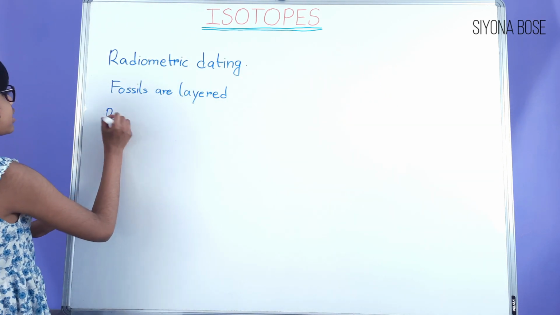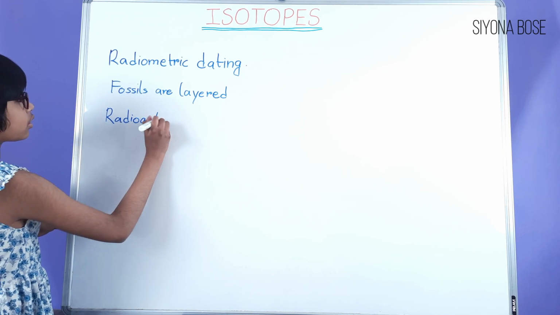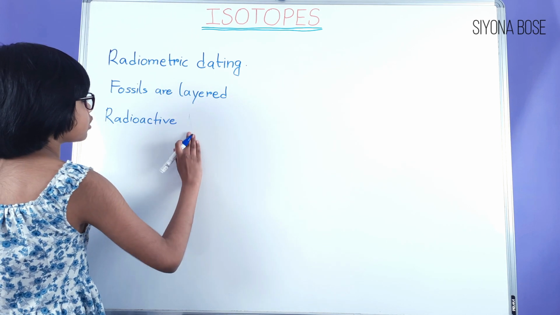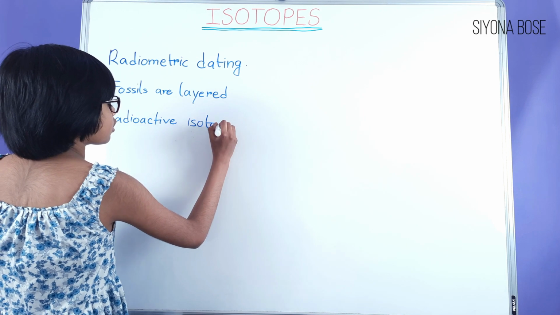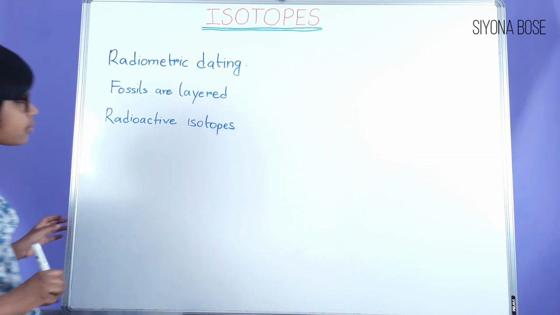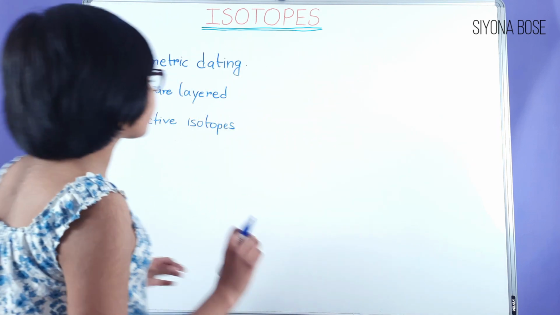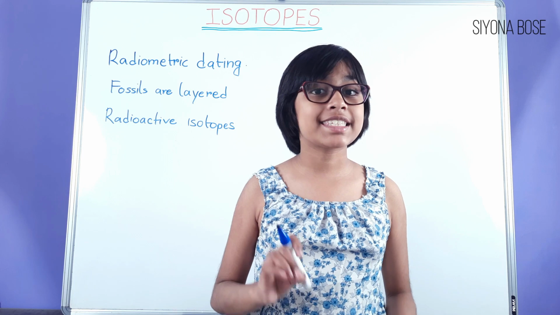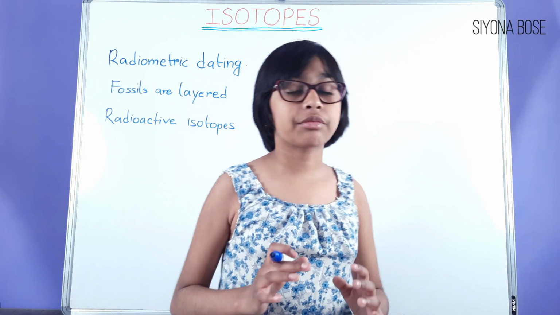The radioactive isotopes. If you can recall from the previous episode, I gave an example of a radioactive isotope, which was carbon-14, the C14 isotope.